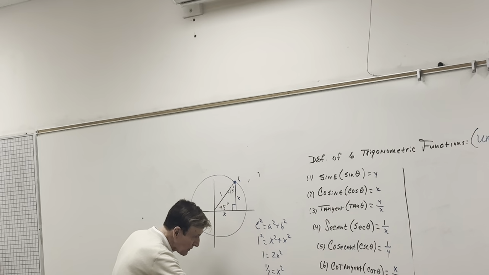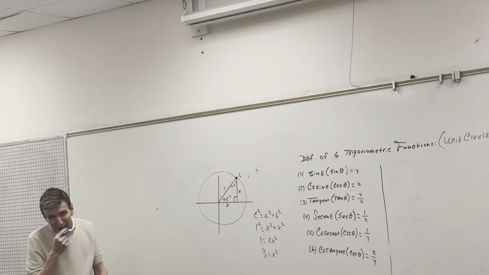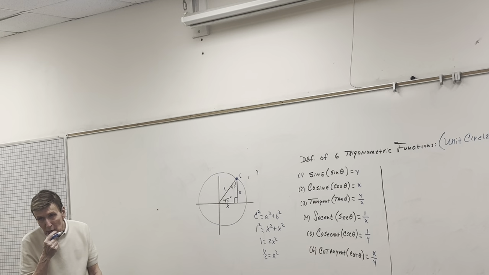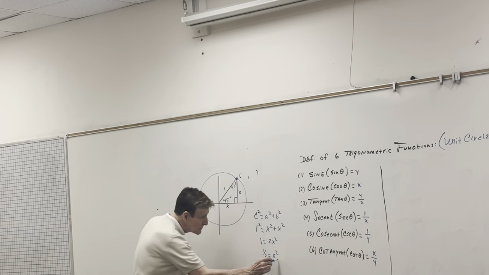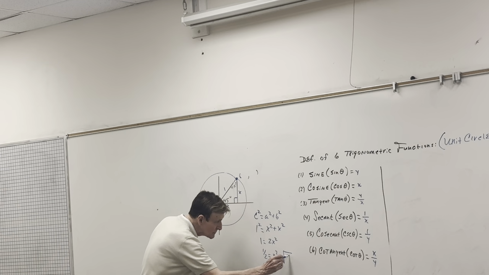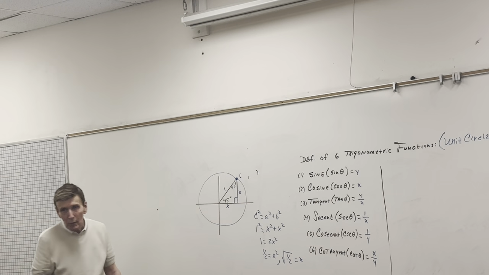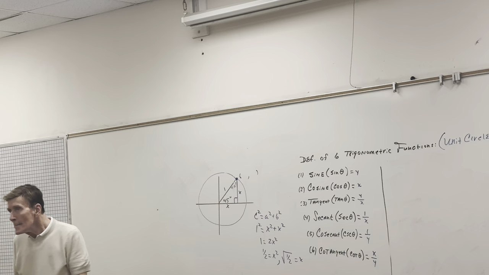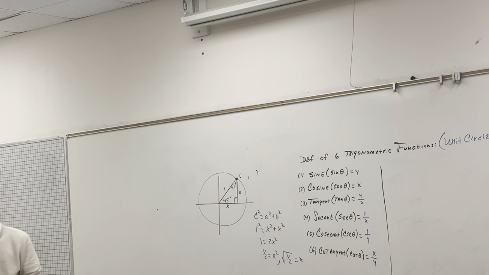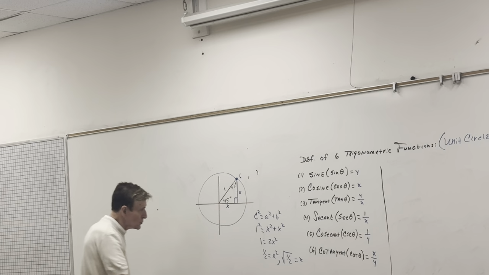Now, can someone in this clever class tell me, my next step is to take the square root of 1/2 to find the x. Anyone tell me a good way to express square root of 1/2? Don't leave that fraction underneath there. Here we go. Square root 2 divided by 2. Radical 2 over 2.